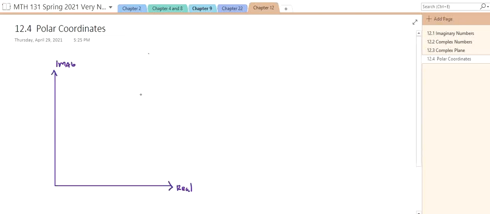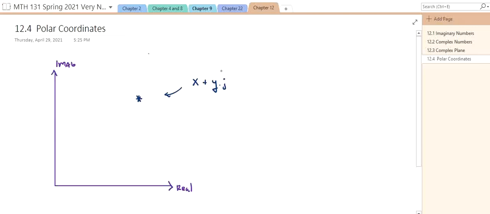Suppose I have an imaginary number out here, this number represents some x plus y j value, y times j.